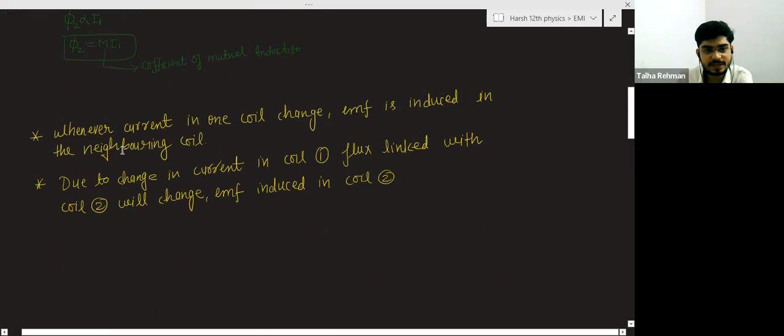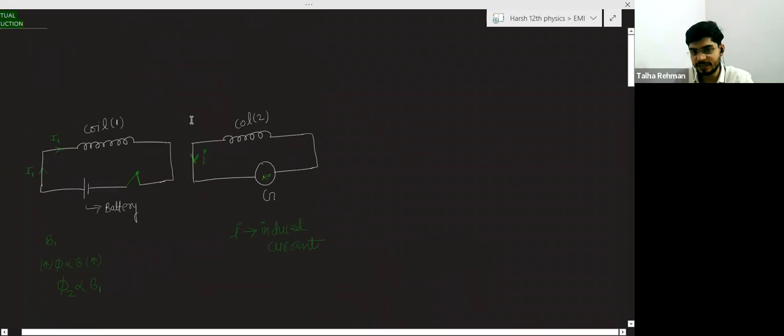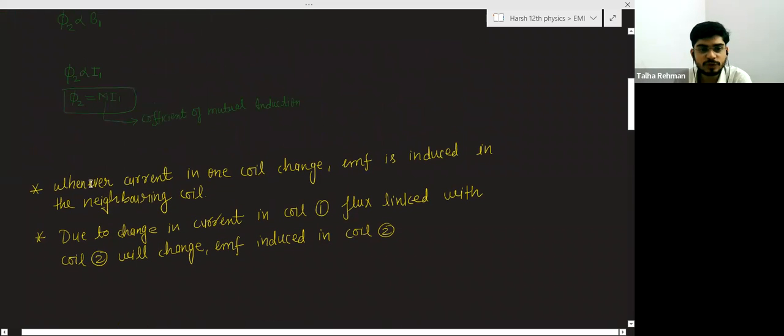So you can write the explanation: whenever current in one coil changes, EMF is induced in the neighboring coil. Here there will be an induced EMF because there is a change in the magnetic flux. Due to the induced EMF, there will be an induced current. Due to the change in the current in coil 1, flux linked with coil 2 will change.